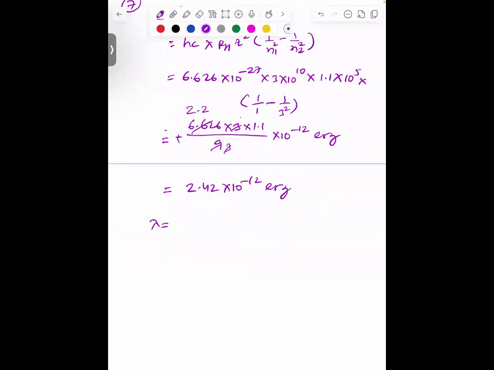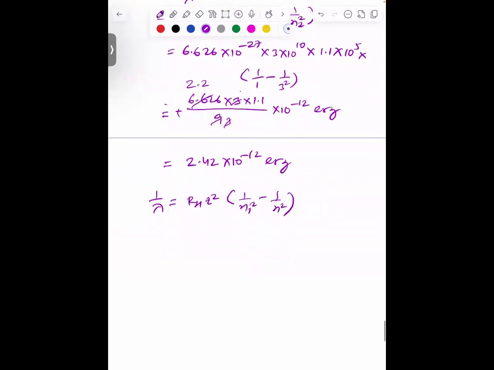So we calculate lambda without calculating energy: 1 by lambda equal to RH Z square 1 upon n1 square minus 1 upon n2 square.